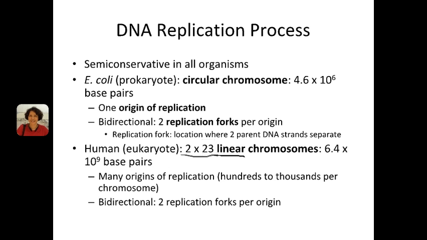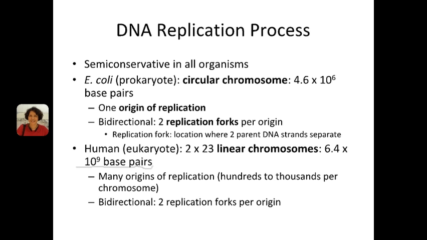All of our DNA together in all the chromosomes encompasses about 6.4 billion base pairs, so more than 1,000-fold the amount as we find in E. coli. The challenge is now how to replicate so much DNA in a reasonable amount of time.